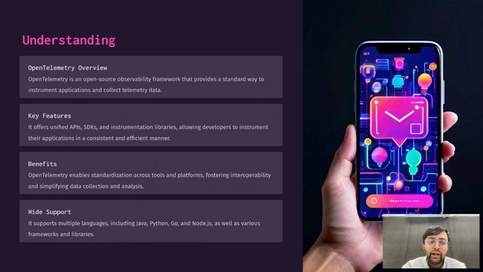Coming to OpenTelemetry, it is mostly an open specification, a framework of specifications which will tell you how you need to instrument your application so that you get all those details, right? What OpenTelemetry allows you to do is give a standard way of reading your metrics.